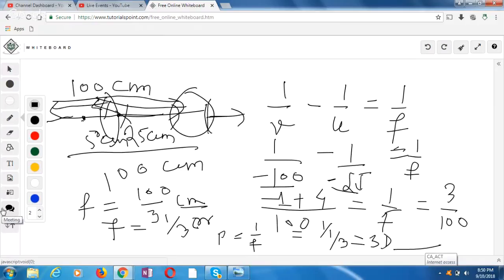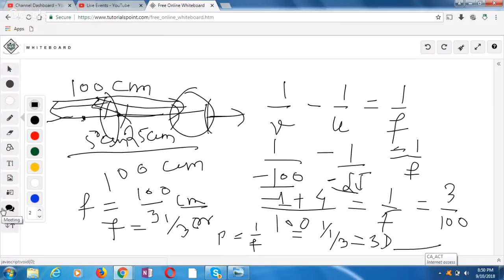I am not able to see it up to 100 centimeters. That has to be changed to 25 centimeters. That is why I am keeping u as 25 centimeters, because whatever is at 25 centimeters, if I change that point to 100 centimeters, my eye which has the problem of long sightedness would be able to see it very properly. Hence u has been taken as 25 centimeters and v has been taken as 100 centimeters.